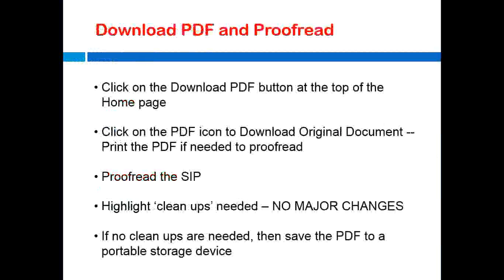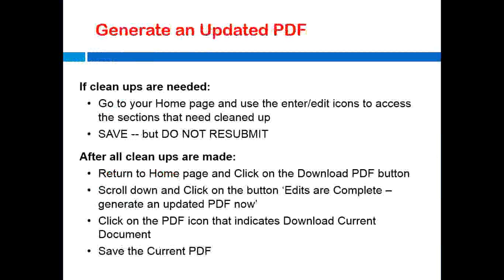Again, here are the instructions that we just went through in the online system about downloading the PDF and proofreading it. These are just for your future reference. This slide describes how to generate an updated PDF, just like what we walked through.